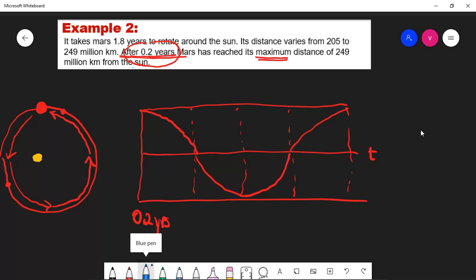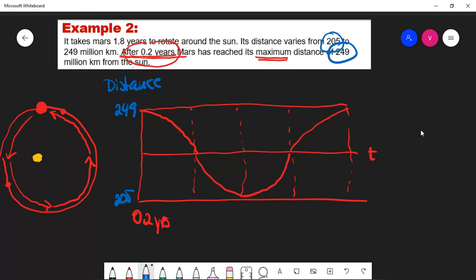Okay. And you know the maximum distance is 249, and it varies from 205, so that's going to be its minimum. This is the distance on this axis right here. So what's halfway in between?